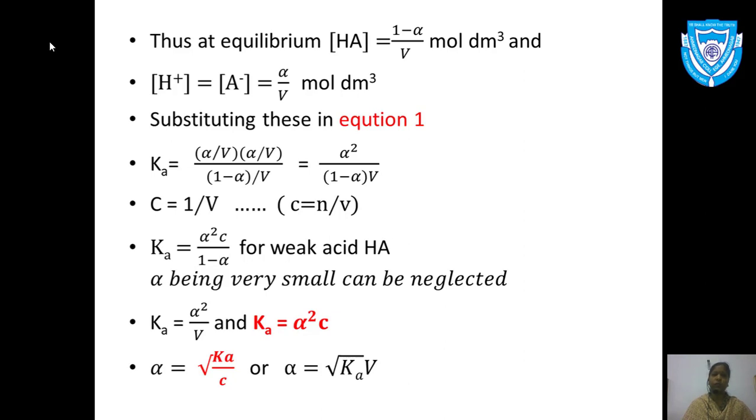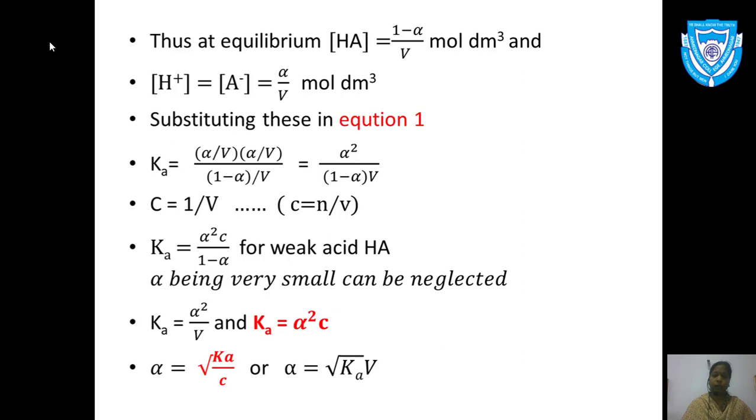Now substituting these in equation 1, which we studied in the previous slide, that is Ka, the dissociation constant for weak acid, we get Ka equal to alpha upon V into alpha upon V divided by 1 minus alpha upon V. So it becomes simply alpha square upon 1 minus alpha into V.